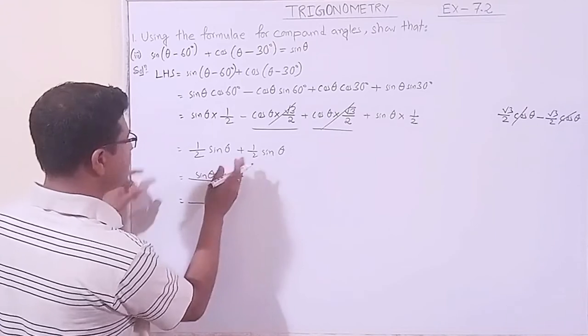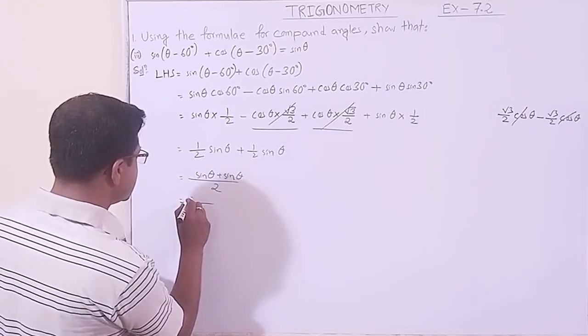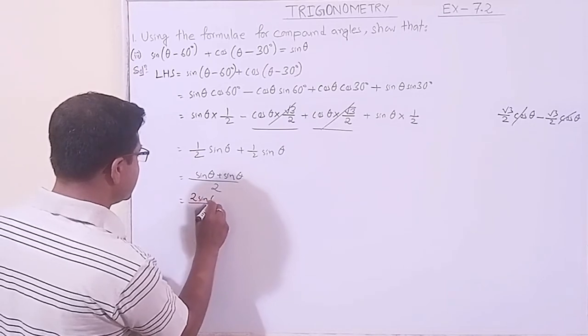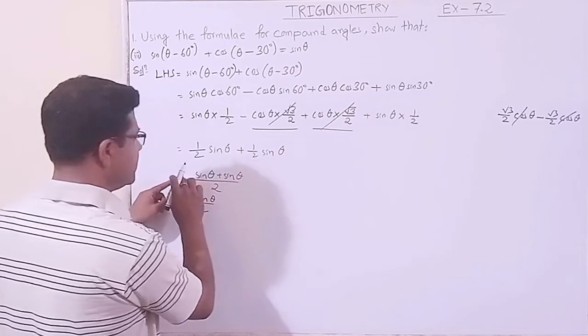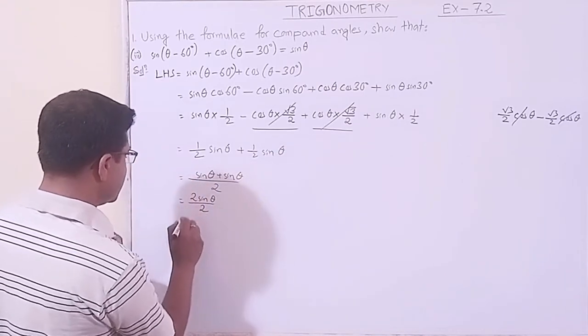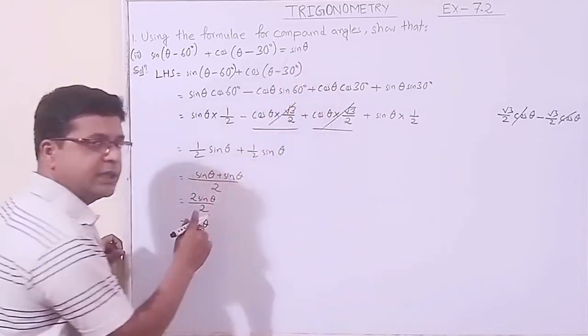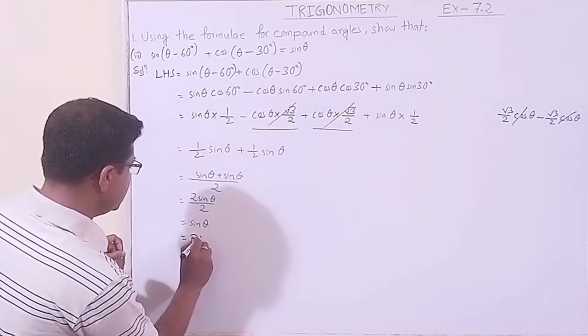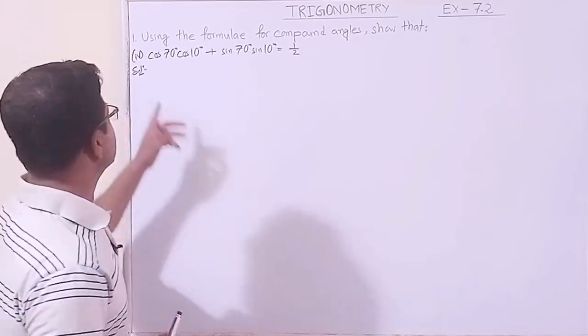In shortcut also you can do, I am just making something extra. It is not required at all. Twice sin theta by 2. Directly from here also you can complete the sum. So 2 will get cancelled, is equal to sin theta. You see the right hand side is sin theta. So let us write here right hand side. Is it okay?